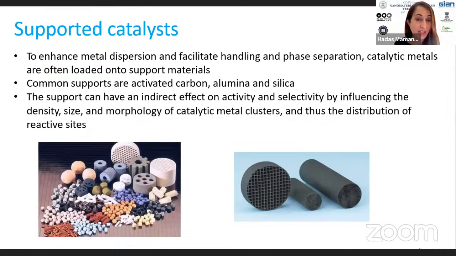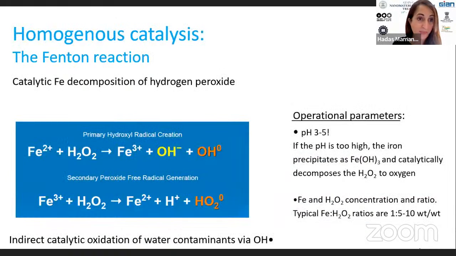The common supports would be activated carbon, alumina, or silica. The supports, however, can have an indirect effect on the activity and the selectivity of the process, and therefore the choice of the support is very critical.